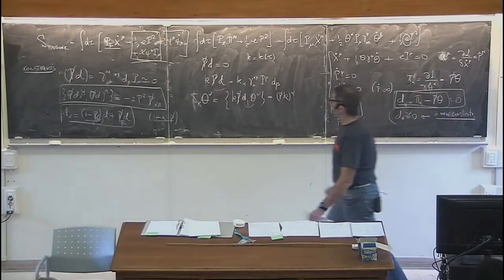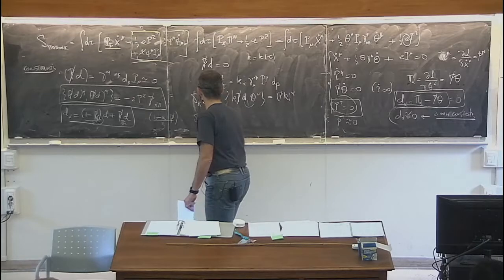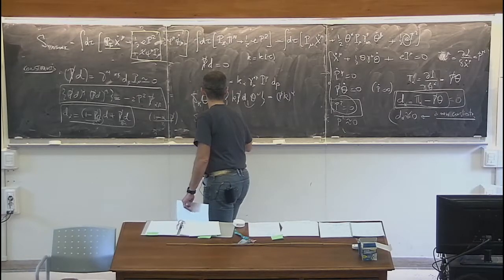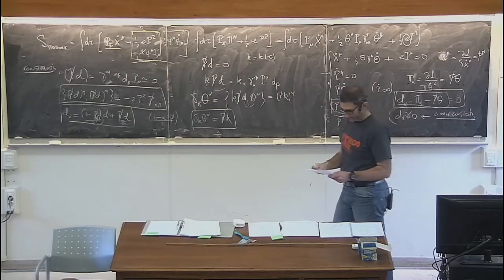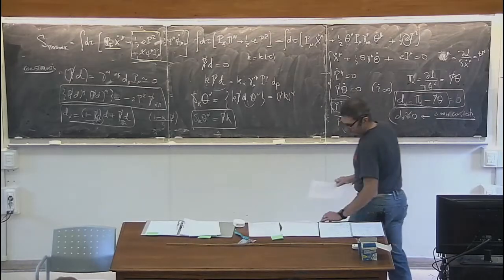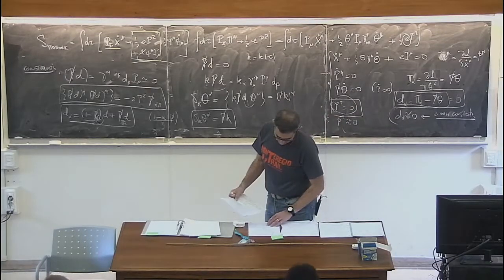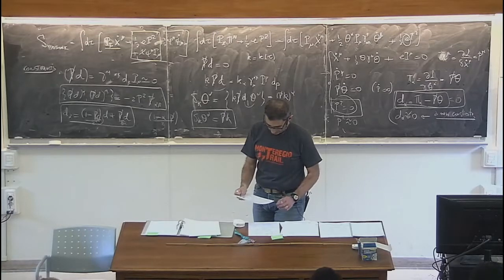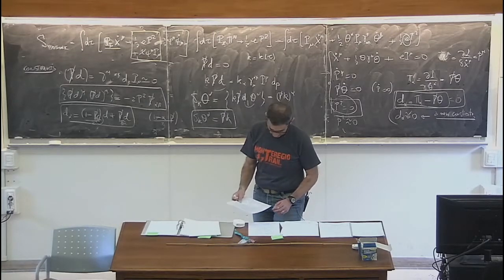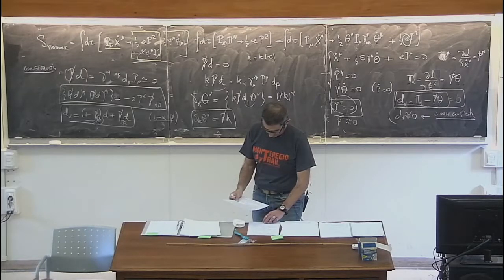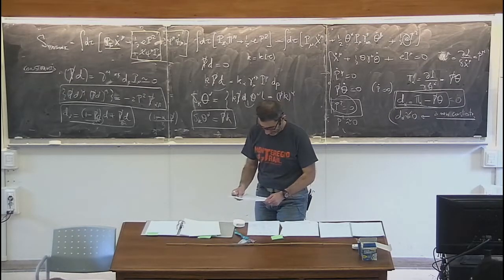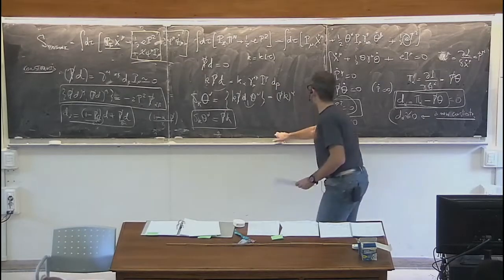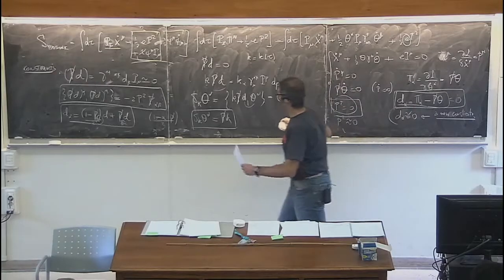So the variation of theta alpha because of the constraint is just p slash of kappa. So this is the variation of thetas.